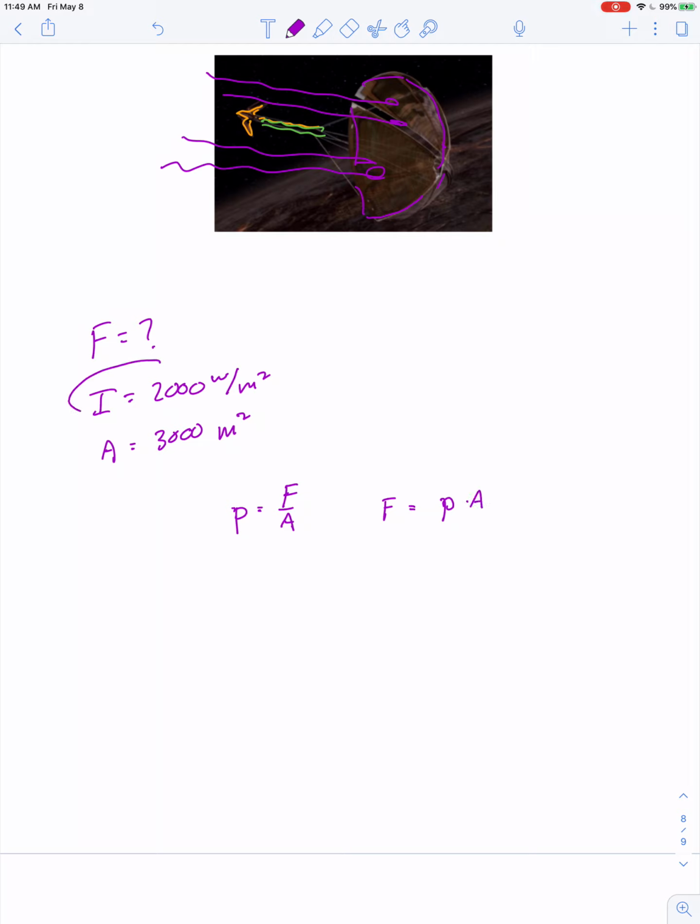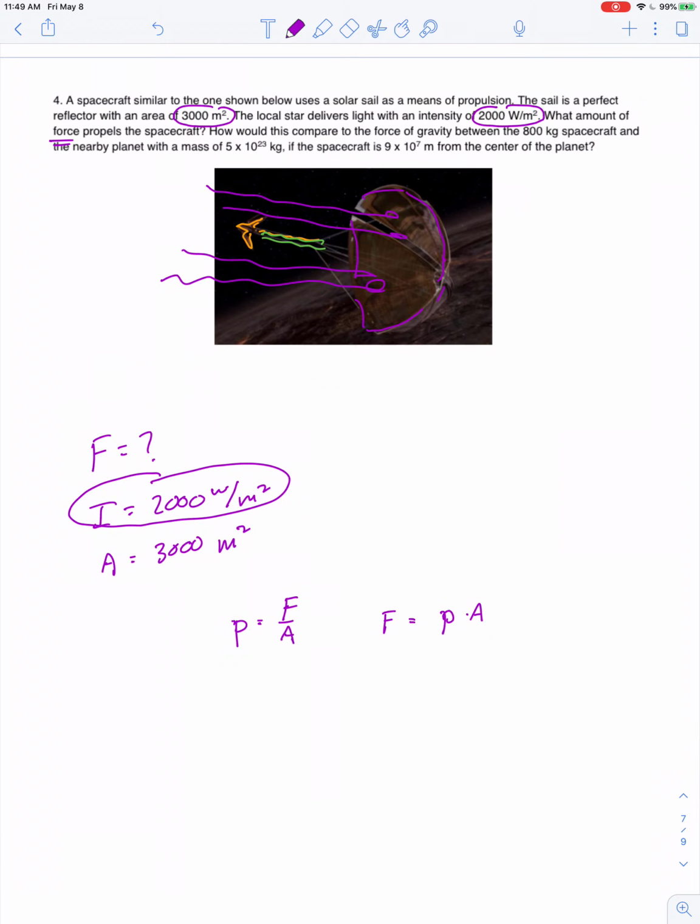So we can use the intensity to get the radiation pressure. Now we'll assume that it's a perfect reflector. Oh no, the problem tells us the sail is a perfect reflector. So in that case, the radiation pressure is equal to 2 times the intensity divided by the speed of light. So 2 times 2,000 divided by 3 times 10 to the 8th.